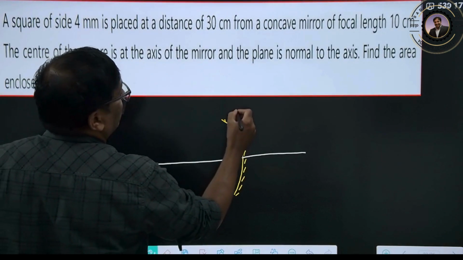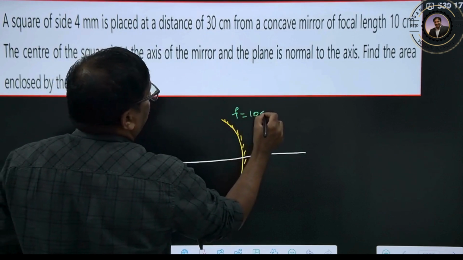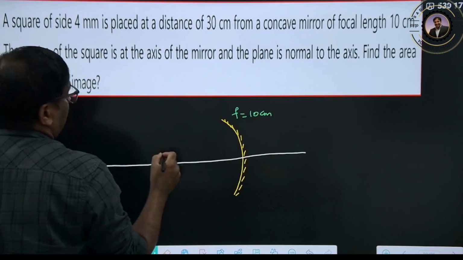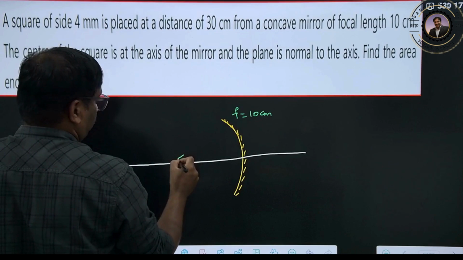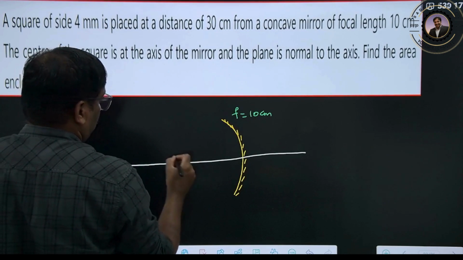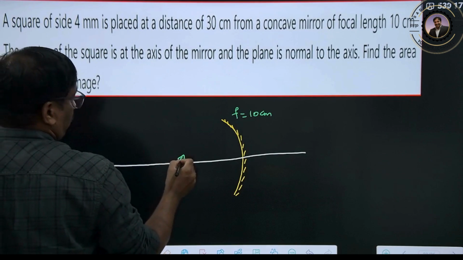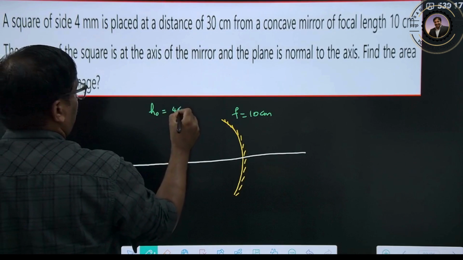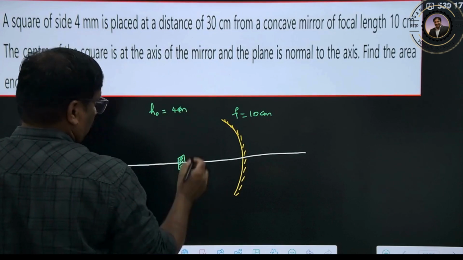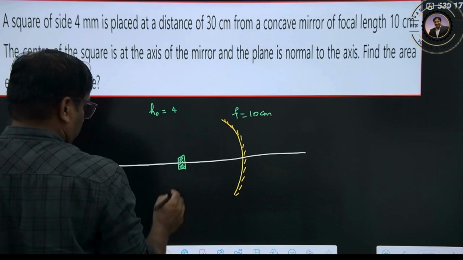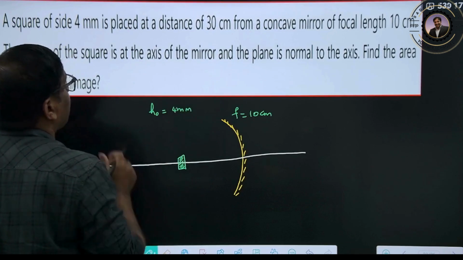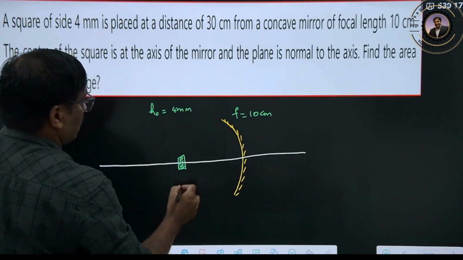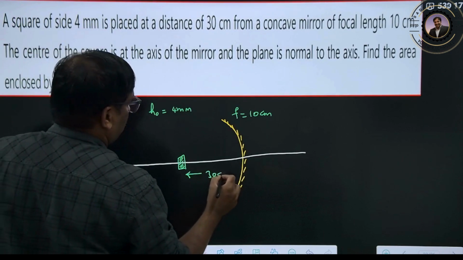Suppose the focal length is how much? 10 centimeter. At a certain place there is a square of side 4 mm. Therefore, the height of the object is 4 mm. Clear? And the distance is 30 centimeter.